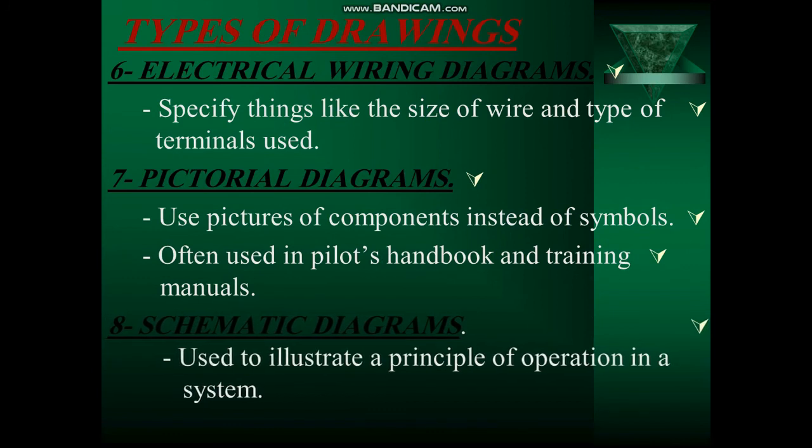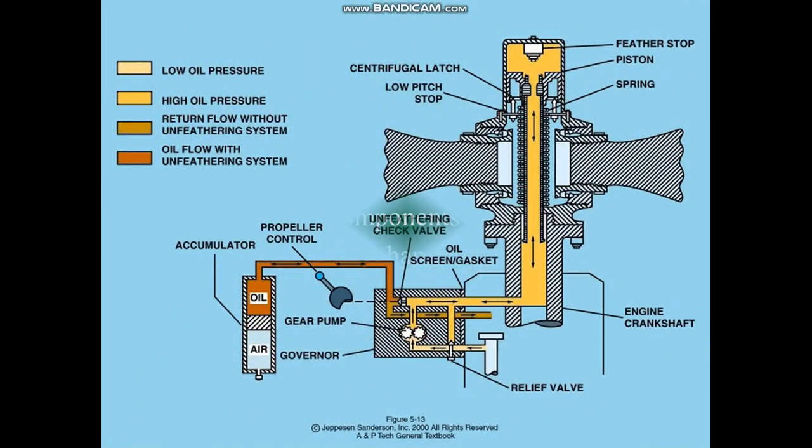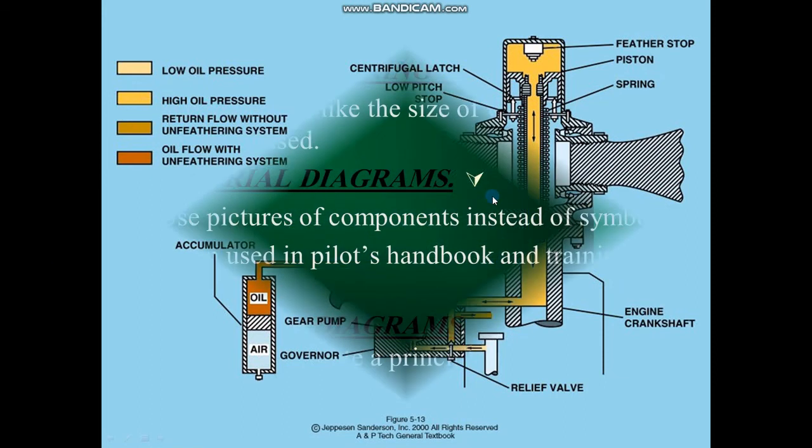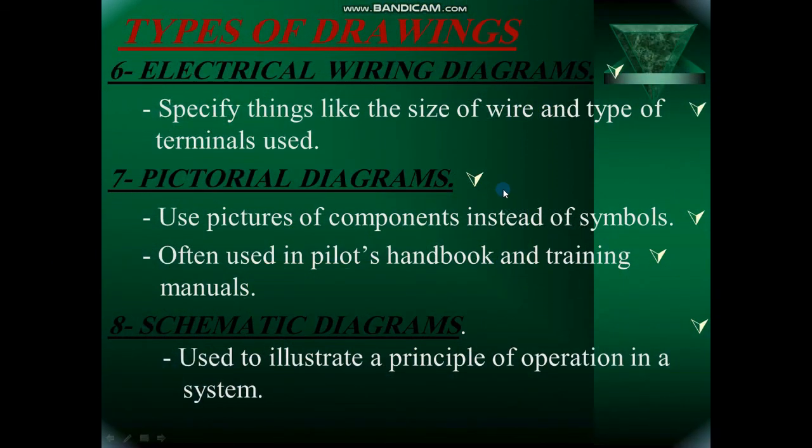Number 8, schematic diagrams. This type is used to illustrate the principle of operation in a system. Like this, it specifies the operation of the components.